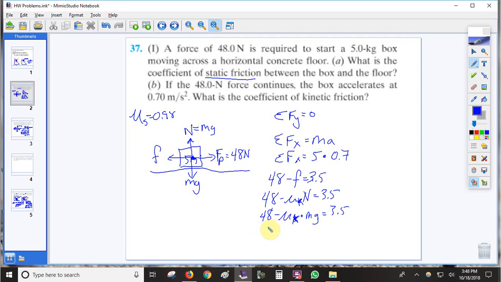Okay, so to go through the same procedures, 48 minus mu sub k times 5 times 9.8 equals 3.5.